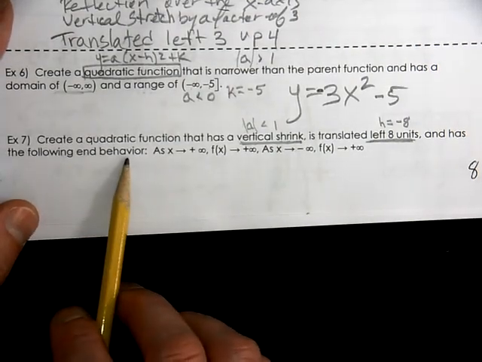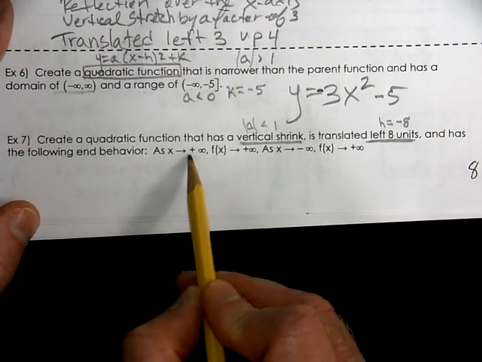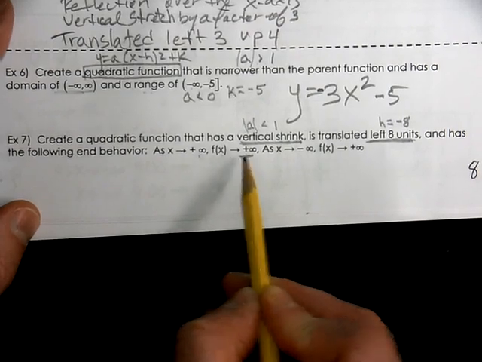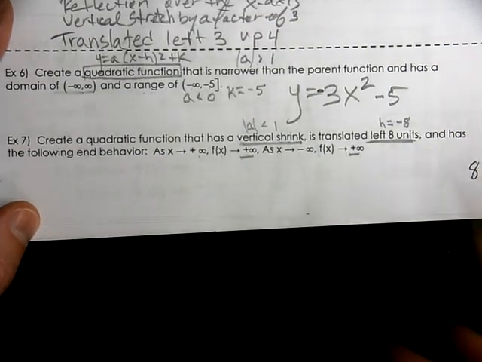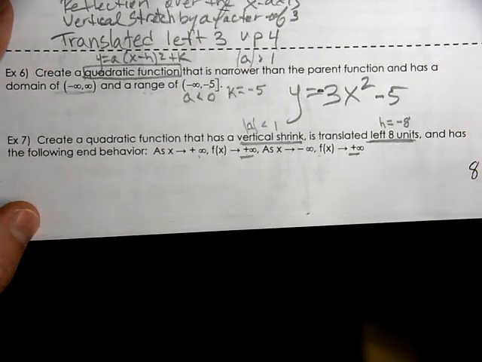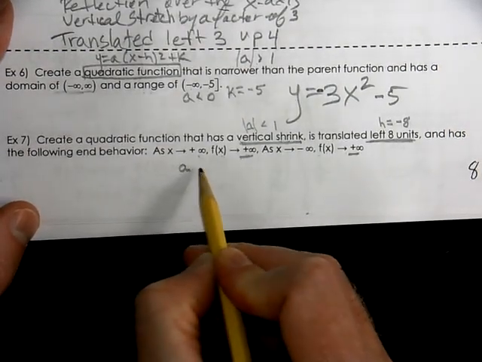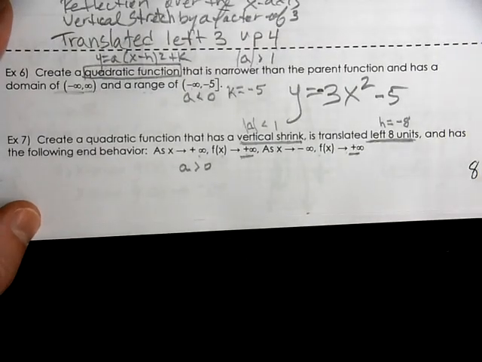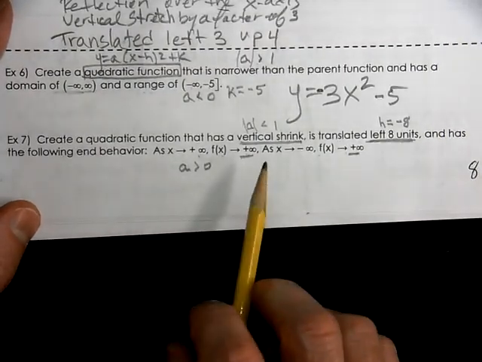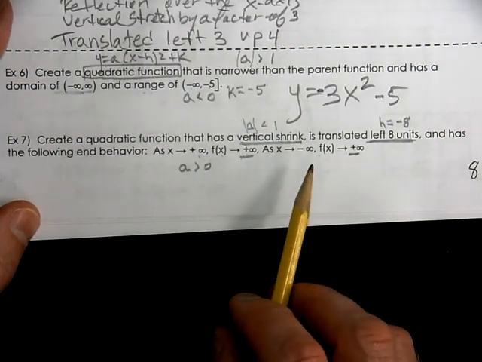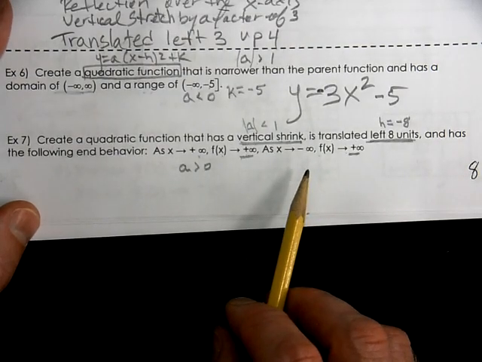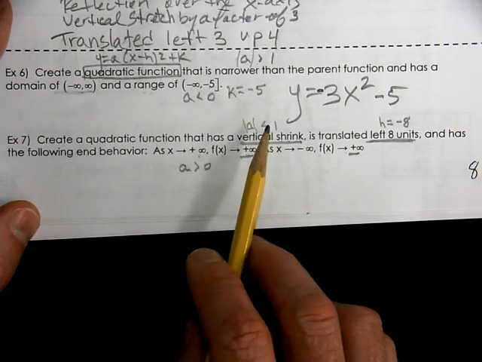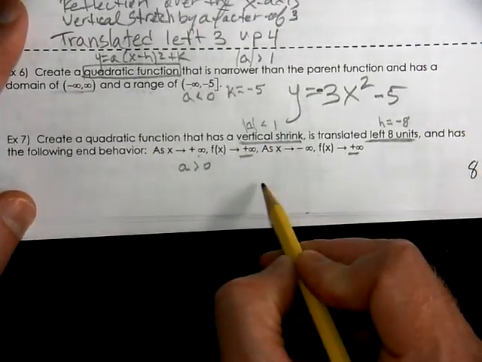It has the following end behavior. As x approaches positive infinity, the function is going up. Here, the function is going up. So we know that if it's going up, the a value has to be greater than 0. The a value is going to be positive. We didn't necessarily know that. And it's going to be between negative 1 and 1.